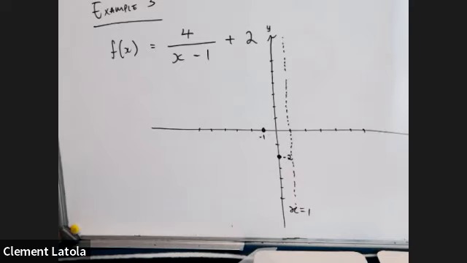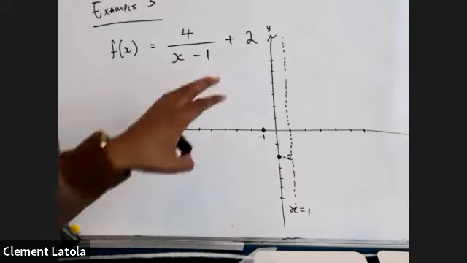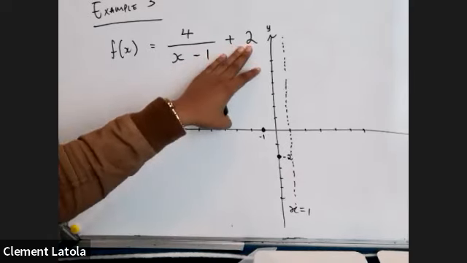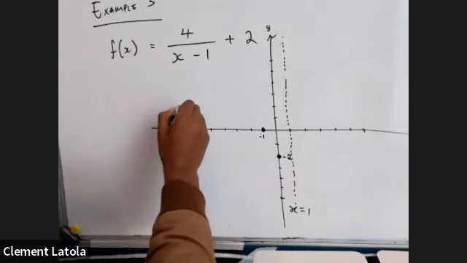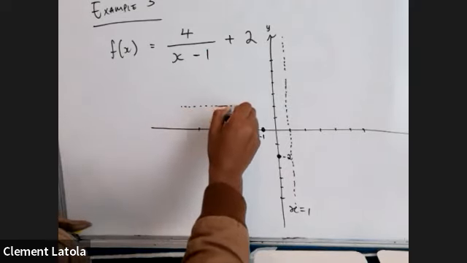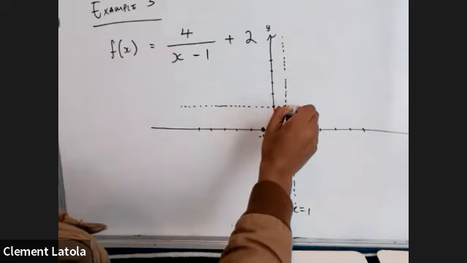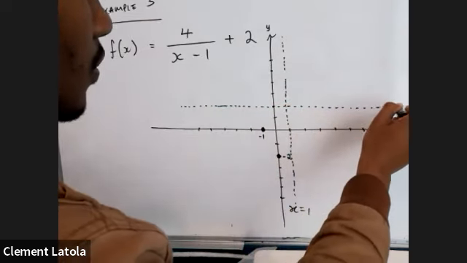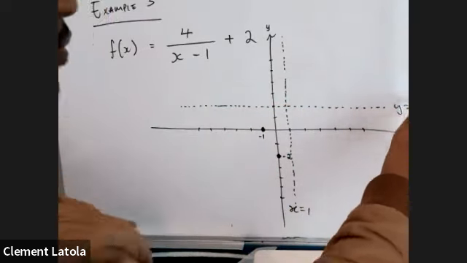Okay, then we also draw a dotted line for the y-asymptote, which is at positive 2. Y is equal to 2.